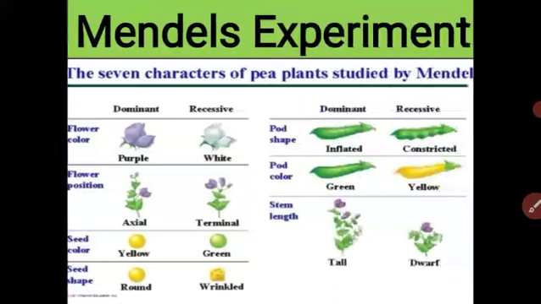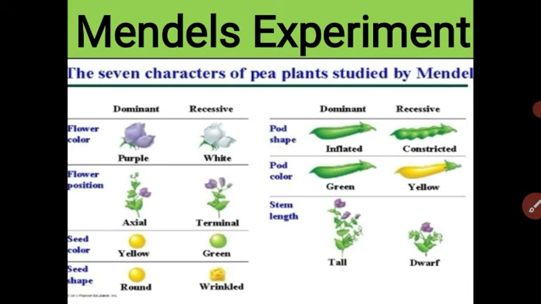See, student, in the previous video, I told you that Gregor Johann Mendel is called the father of genetics. Why is he called the father of genetics, student? Because Mendel discovered some basic principles of genetics in the 19th century.